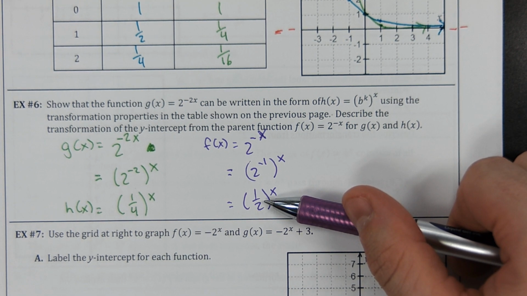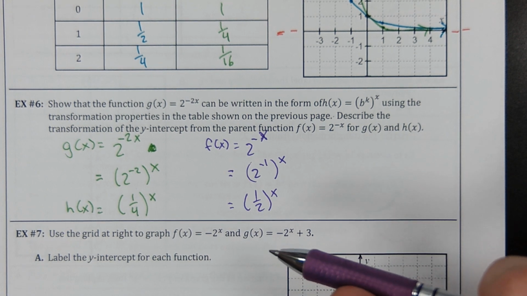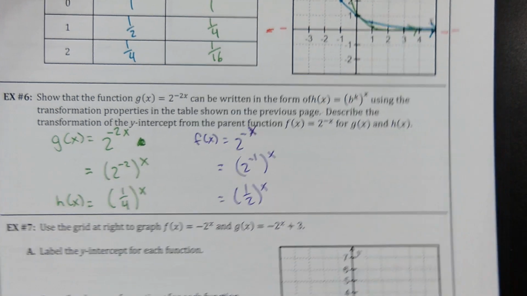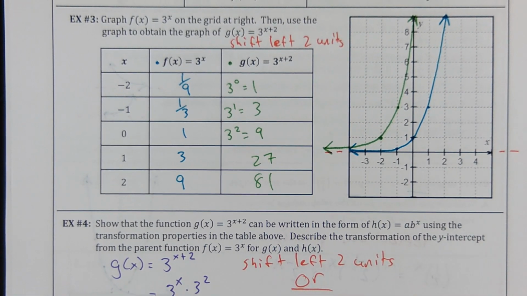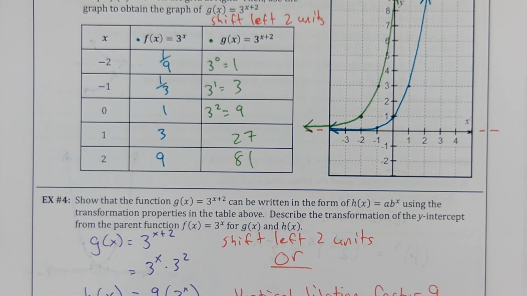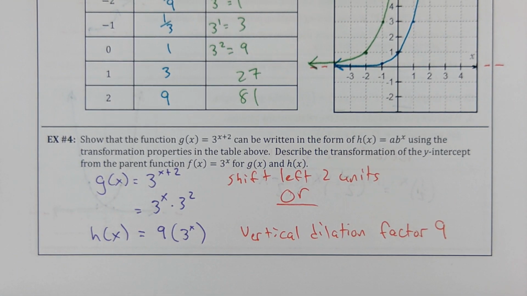So neat that changing the base is a horizontal dilation. So what did we see? We saw that addition or subtraction in the exponent could either be described as a horizontal shift or a vertical dilation, depending on how you manipulate it.